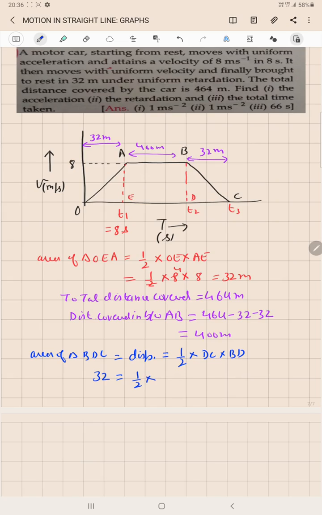Half into DC, let the time interval be t3 minus t2, multiplied by velocity 8. 2 4s are 8, 4 8s are 32. That means t3 minus t2 is equal to 4 seconds. So 0 to t1 time is 8 seconds, and this much time is equal to 4 seconds.